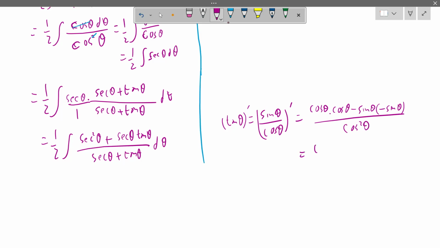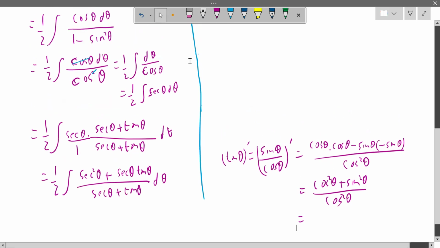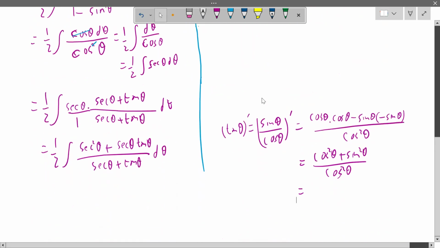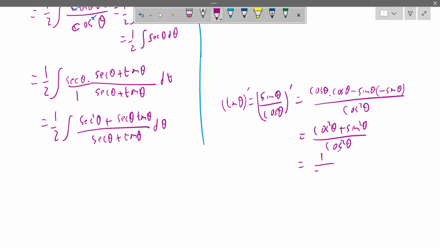So you have cosine squared theta plus sine squared theta over cosine squared theta. And the numerator here, according to our identity, is equal to 1. So that means this is 1 over cosine squared of theta. And don't forget that 1 over cosine of theta is the definition of secant of theta. So that means this is secant squared theta.